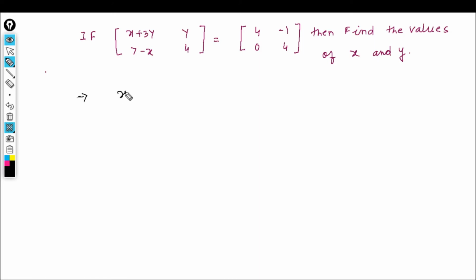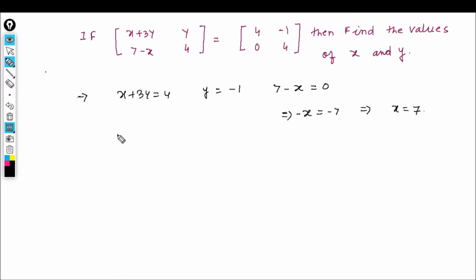That means x plus 3y is equal to 4, y is equal to minus 1, 7 minus x is equal to 0. तो यहाँ से हम लोग बच्चों x की वैल्यू निकाल सकते हैं. Minus x is equal to minus 7. This implies x is equal to 7.